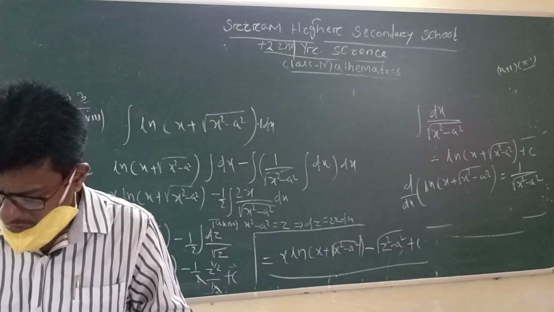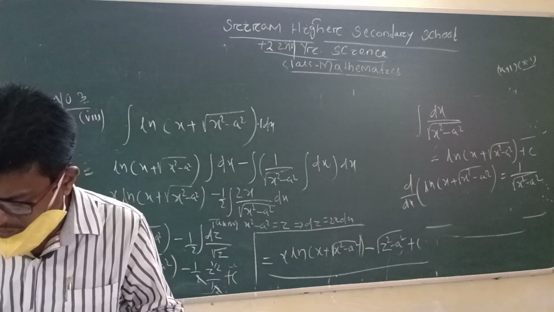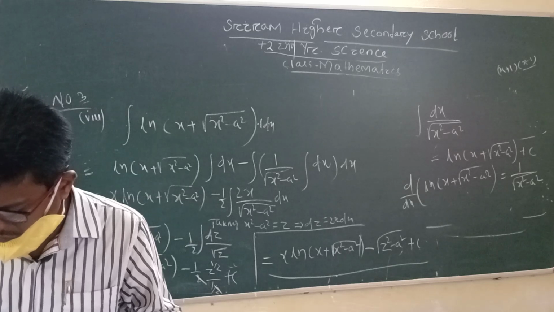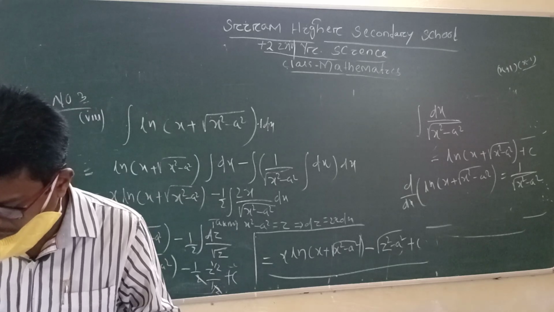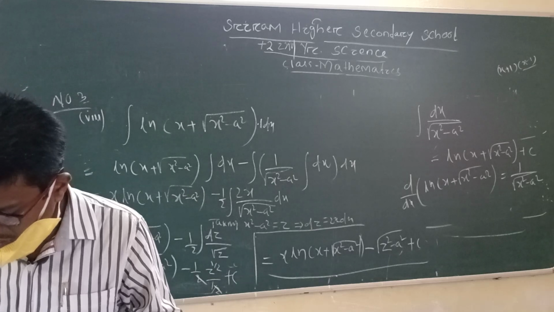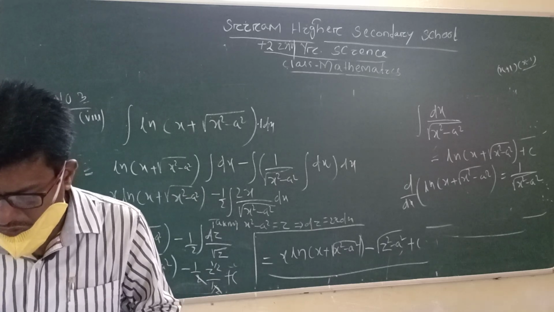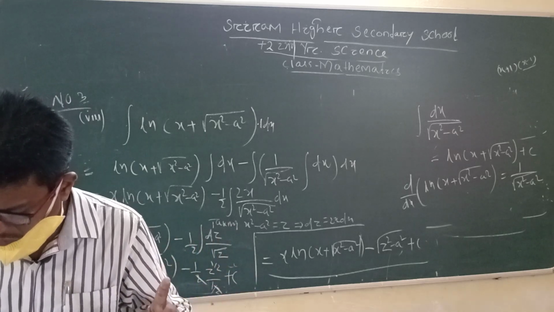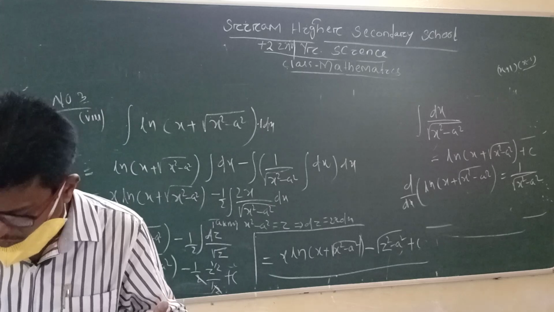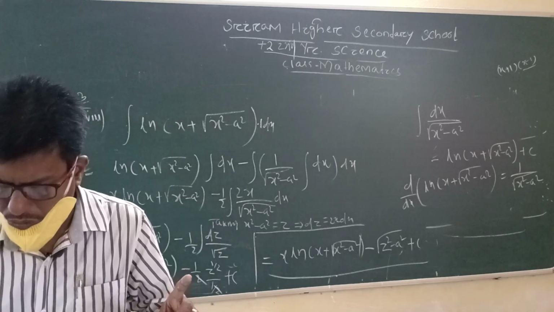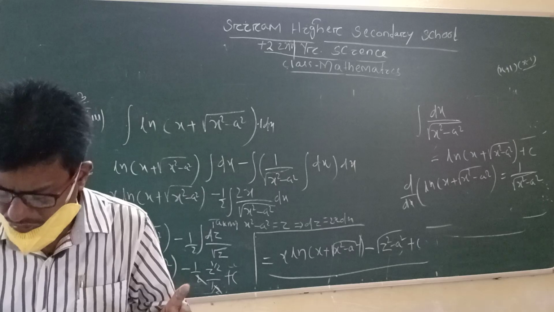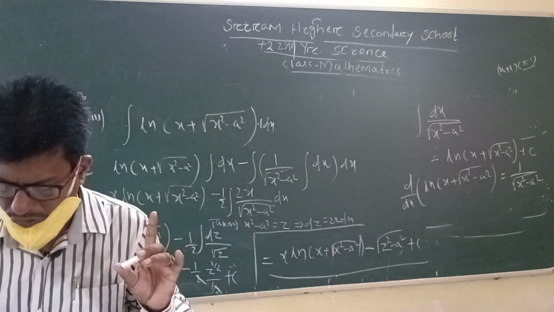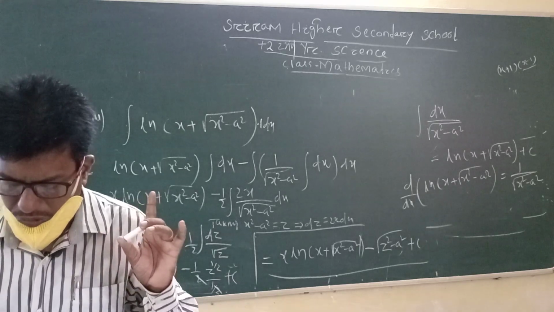I have solved only 4 from number 1, 3 questions from number 2, and 3 questions from number 3, so 7 questions I have evaluated out of 22. The remaining 15 questions you have to evaluate yourselves.